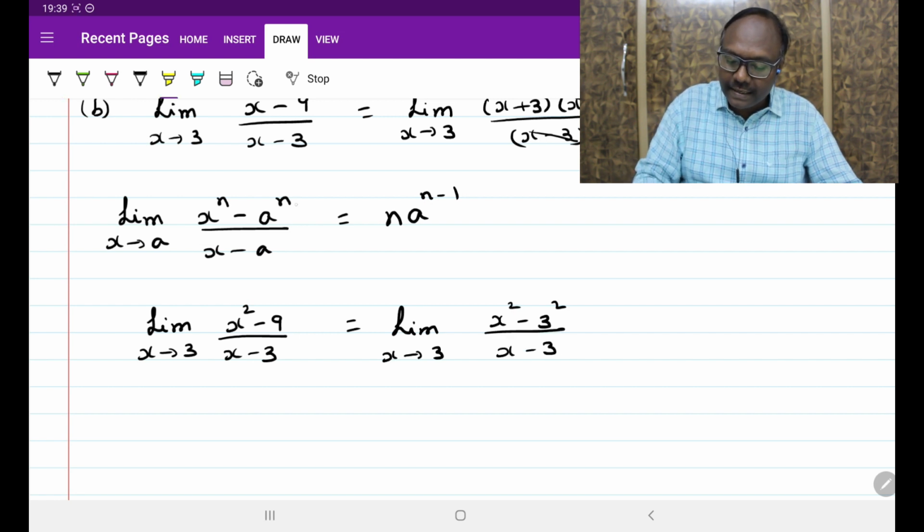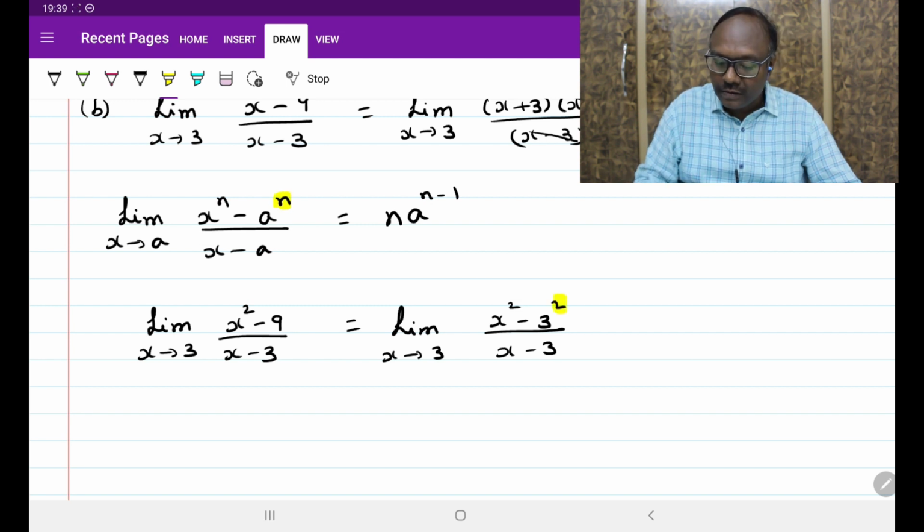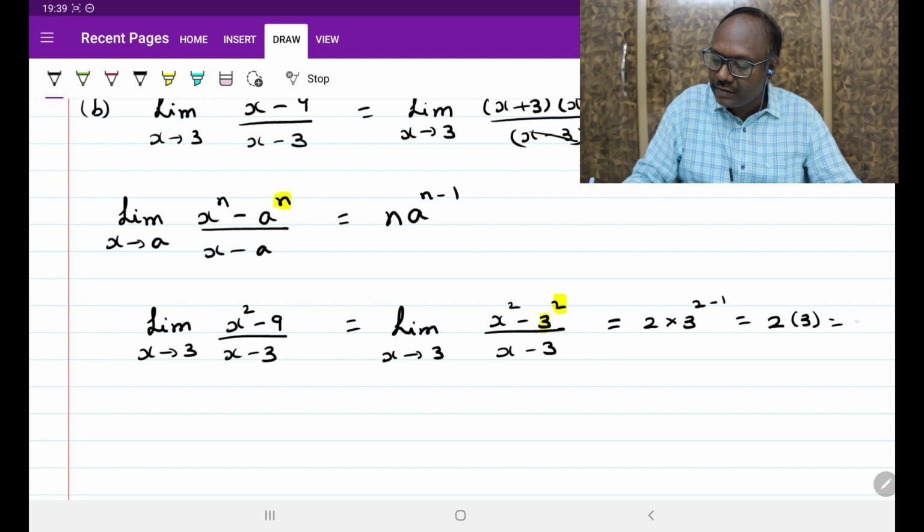So it is resembling the identity here. The value of n here is 2. So in place of a we have 3. So we get the answer as n a power n minus 1. So 2 into 3 to the power of 2 minus 1. So the answer is 2 into 3, that's equal to 6.